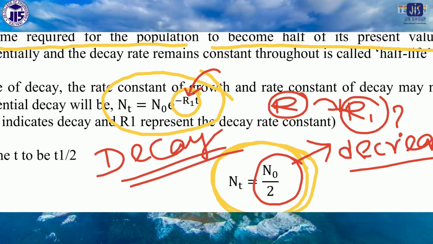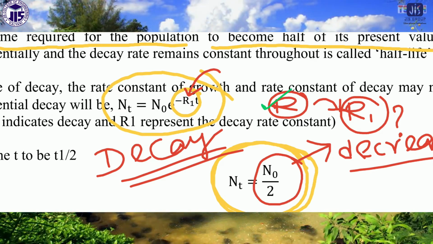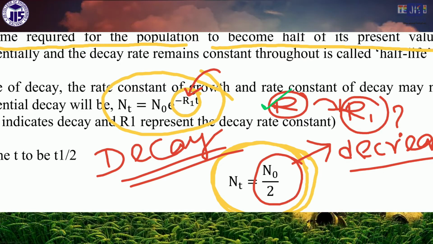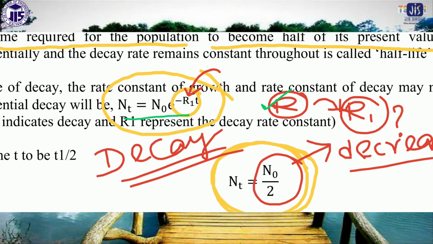But if we put the growth rate constant as r, then the equation will not be right. Clear what I am telling? If you consider the general equation nt equals n0 into e to the power rt, like the previous case, r was the growth rate constant.